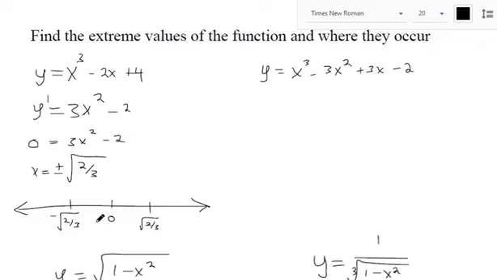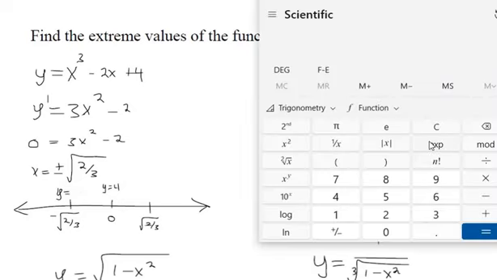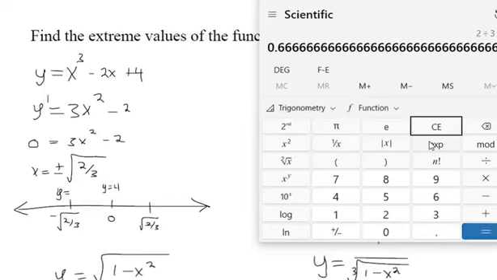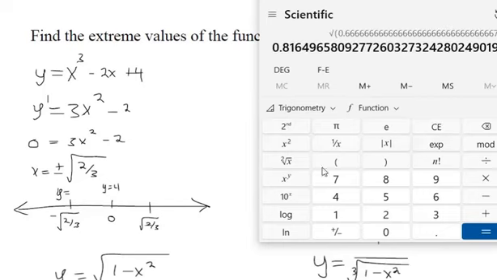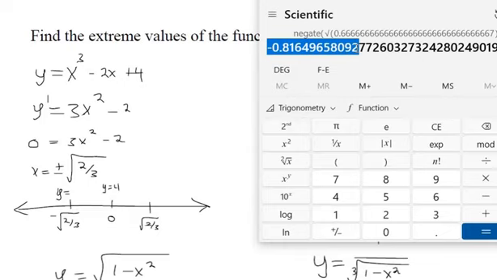So if we test out f of 0, and actually it's not in function notation, but it is a function. If we plug 0 into this function, we get out y equals 4. Okay? And so what do we get for a y value when we plug in negative square root of 2/3? So I'm plugging this number into the original equation.